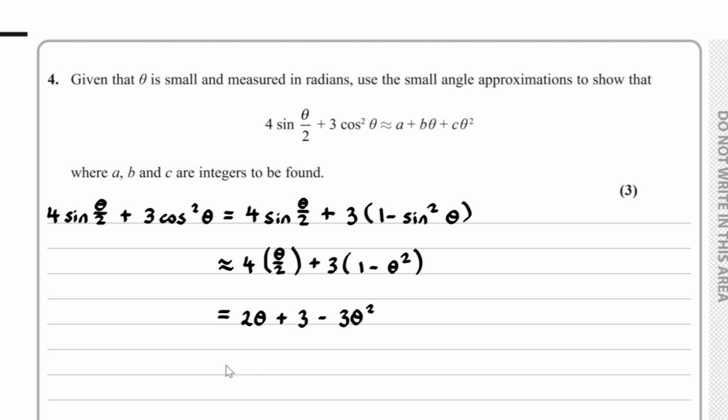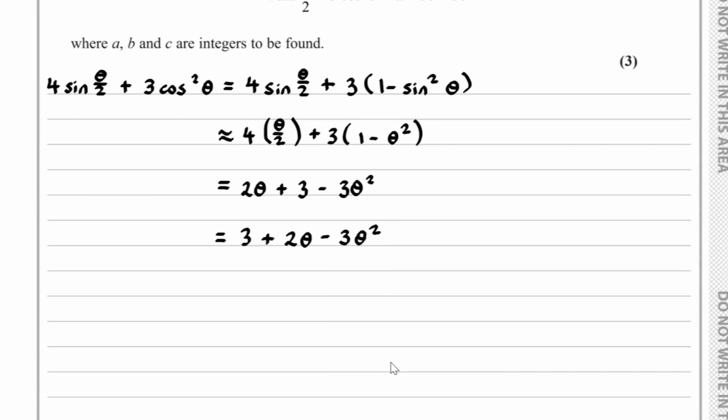So, using the laws of commutativity, we have 3 plus 2 theta minus 3 theta squared. In other words, A is equal to 3, B is equal to 2, C is equal to minus 3.